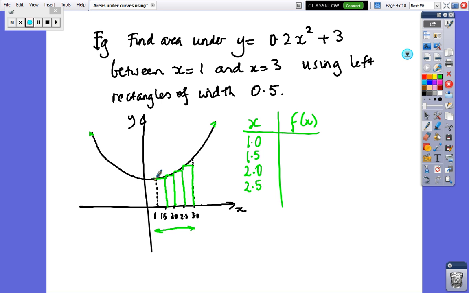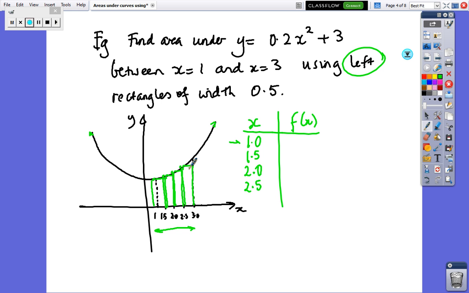Because I'm using the left rectangle, because the question said use left rectangles, I'm joining the lower side. So the first height will be when x is 1, the next one when x is 1.5, then 2, then 2.5, and that'll be the answer.